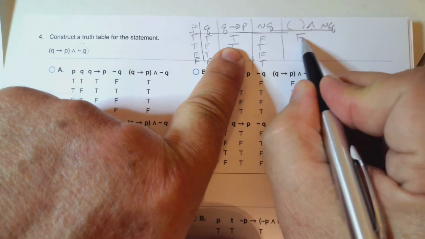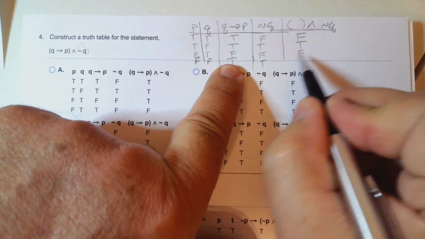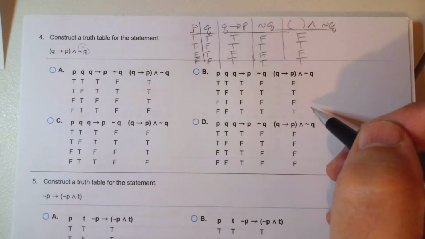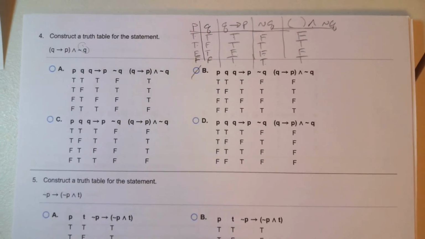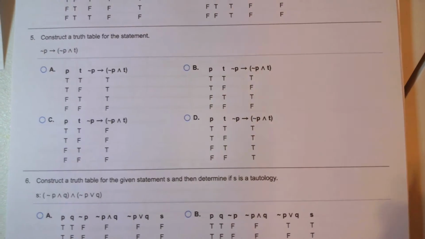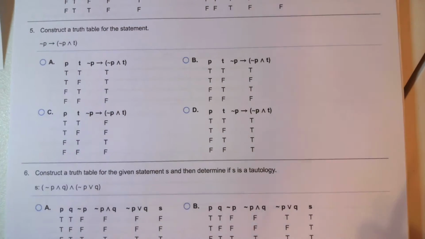True and false is false. True and true is true. False and false is false. True and true is true. False, true, false, true is B. Again, if you draw those pictures of the pipes and the valley, have them next to you, it makes it much easier to look at.